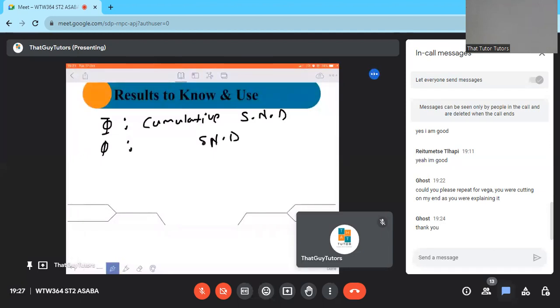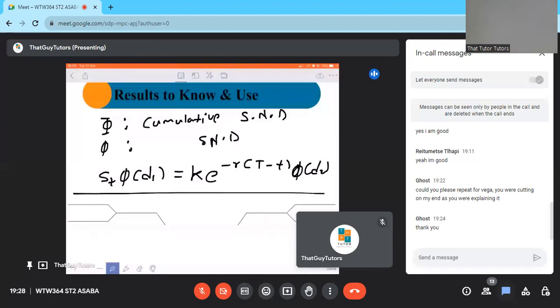So if you have your S_T, this D1 is going to be equal to this, and D2 is this minus this. This result would almost always be given to you. There is a proof for it, but I've never seen it asked at all.